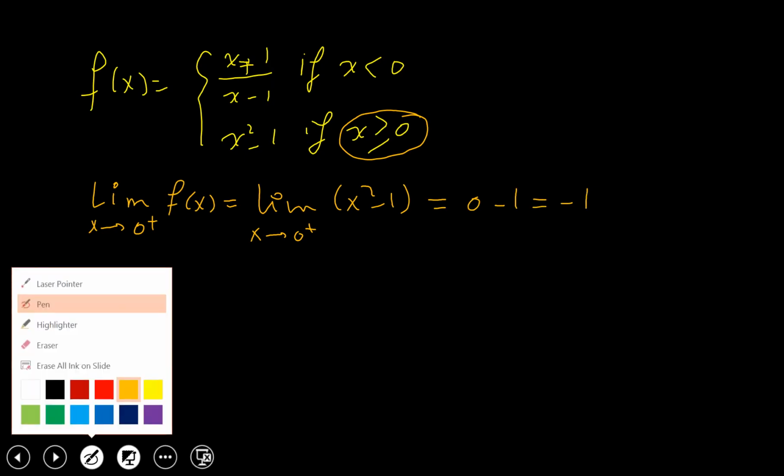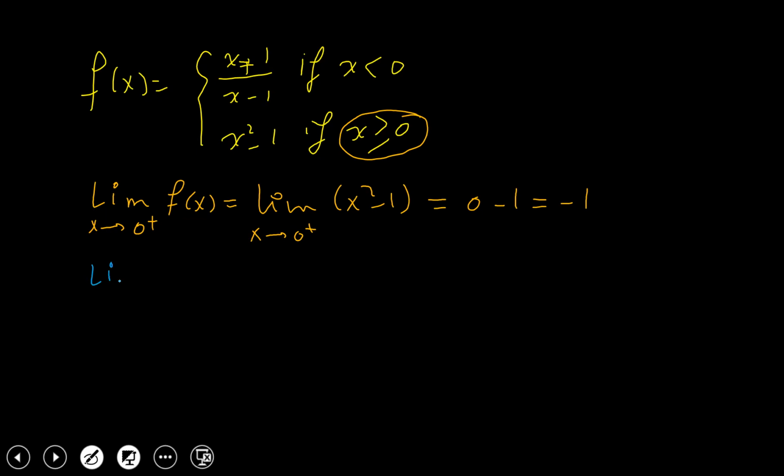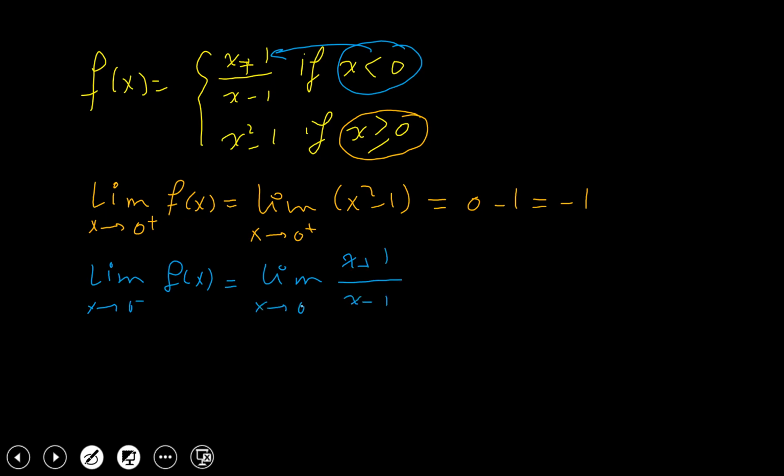What about finding limit as x tends to 0 minus? 0 minus is a number which is less than 0. For this reason, we will use the first expression, x plus 1 over x minus 1, as x tends to 0 minus. This is 0 plus 1 over 0 minus 1. We get 1 over -1, which is equal to -1. And finally, we have to find f of 0.